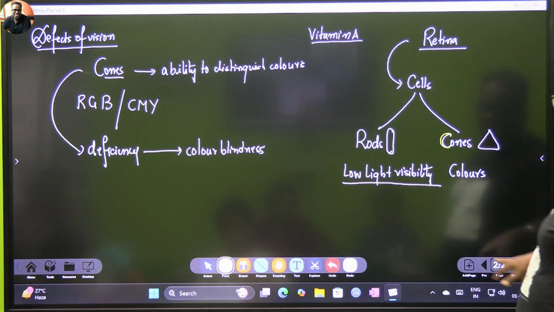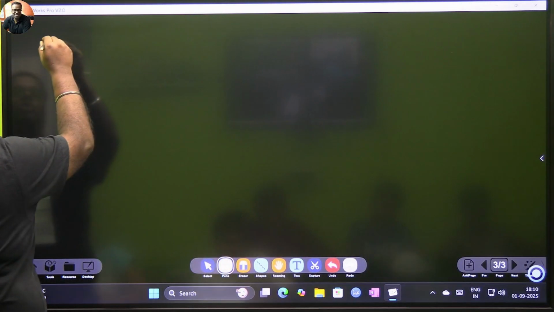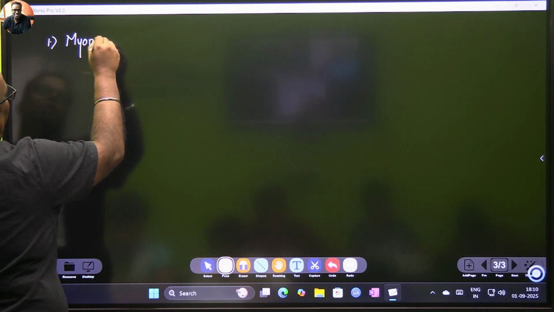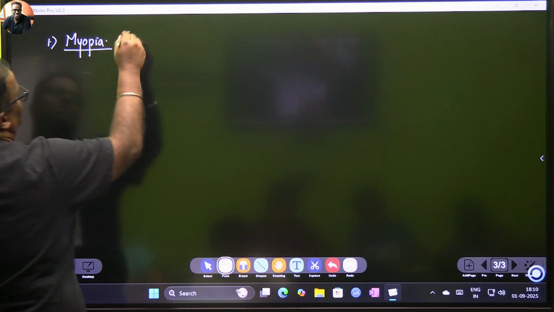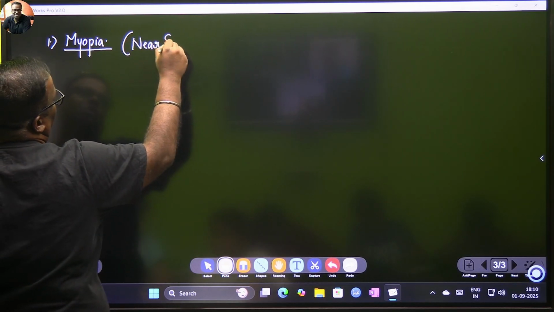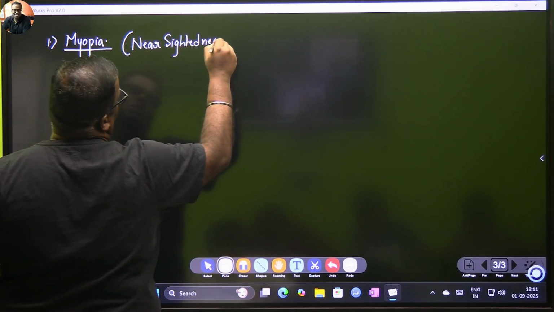These two understood. Our next defect of vision, the first one, we call it myopia. Myopia means very easy to remember, just listen to what I'm telling you. Nearsightedness.